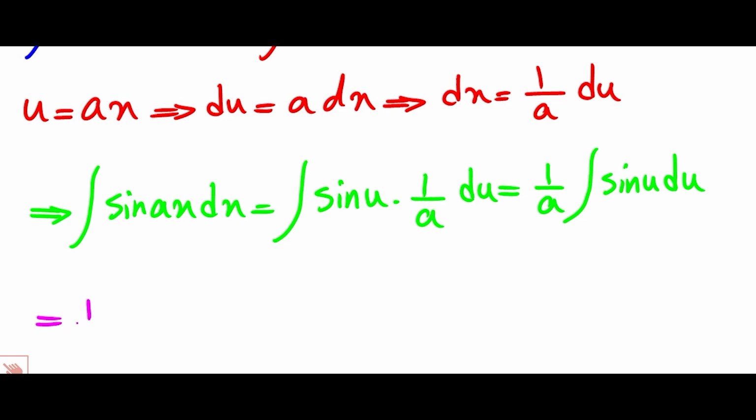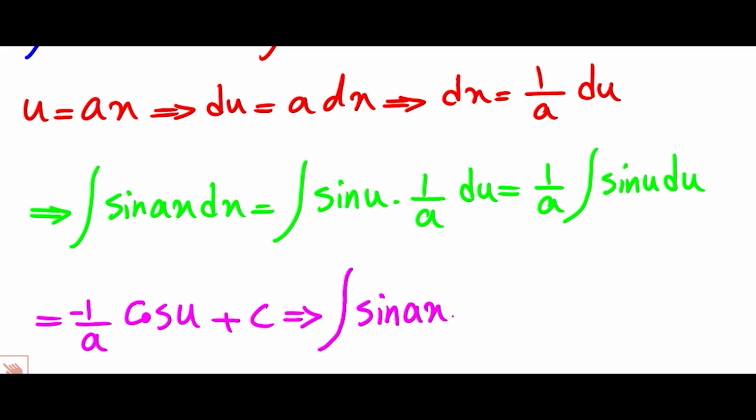So equals 1 over a times negative cosine of u plus c, and u equals ax. So we have the final answer, the integral of sine of ax dx equals negative 1 over a cosine of ax plus c. So the coefficient a inside the angle appears as 1 over a outside the integral, right?